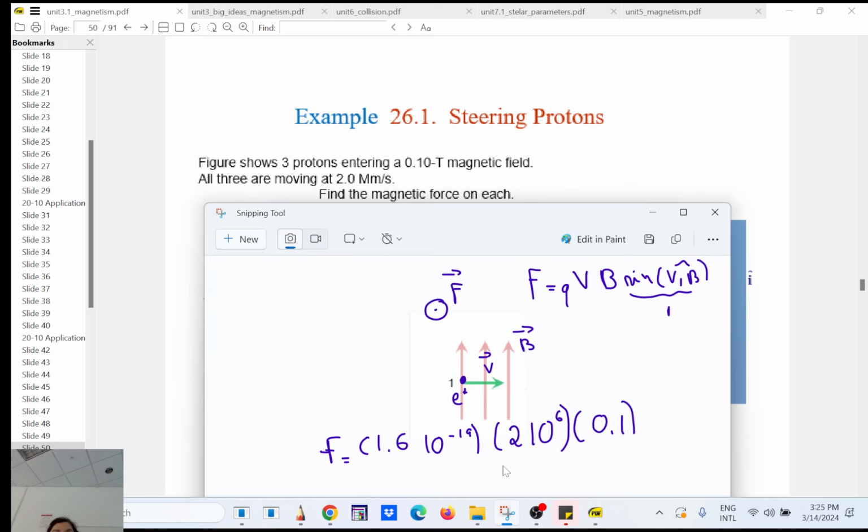Okay, so what do you get? 3.2 times 10 to the negative 14. Did you get that? Okay, so that will be force number 1.